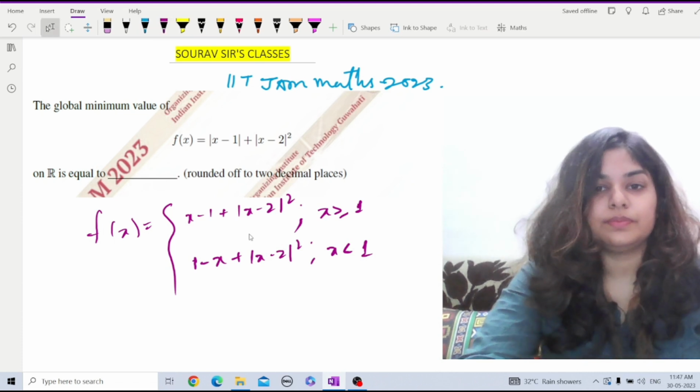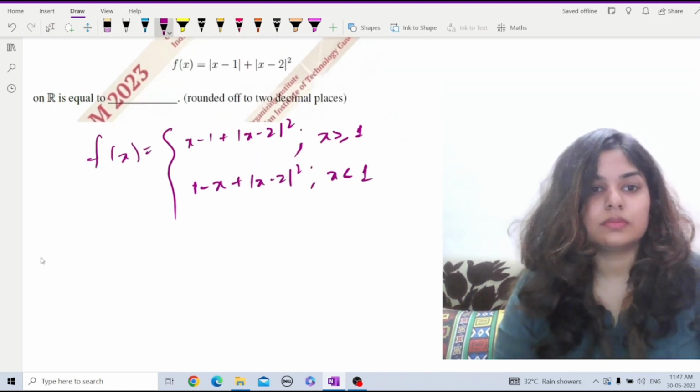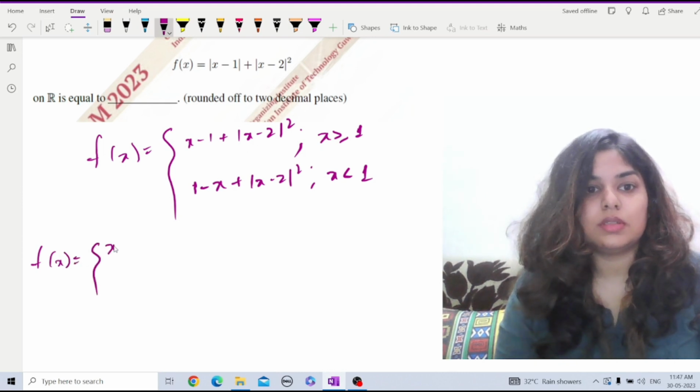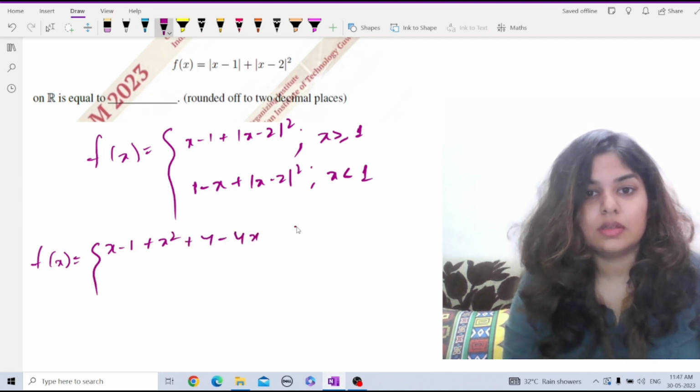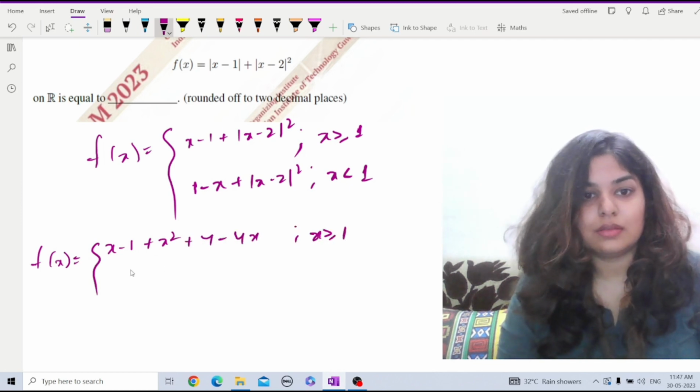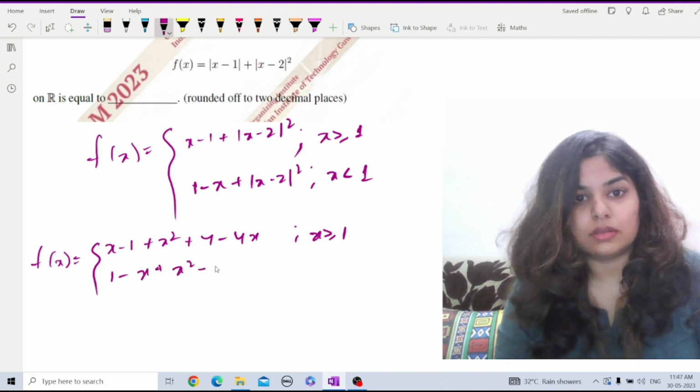Now for f(x) is equals to, so this will be x minus 1 plus x square plus 4 minus 4x for x greater than equals to 1, and this is 1 minus x plus x square minus 4x plus 4, again for x less than 1.